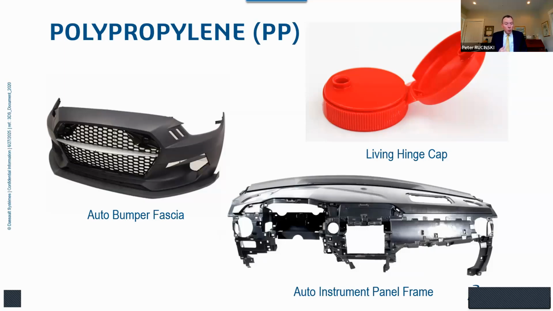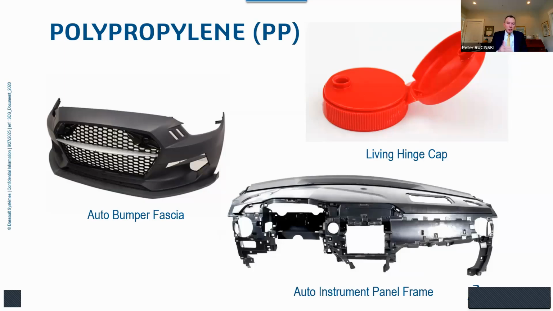So you would have one grade or one formulation of polypropylene for the automotive bumper fascia. That's going to require some flexibility, some impact strength, UV resistance, chemical resistance. The automotive instrument panel frame is probably going to require more stiffness and rigidity versus the automotive bumper fascia.